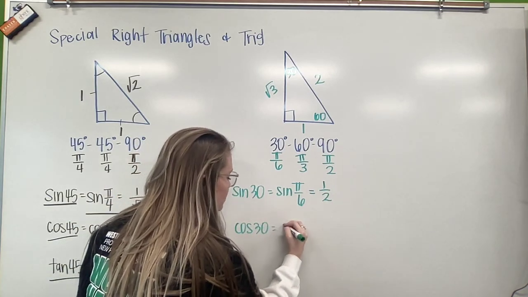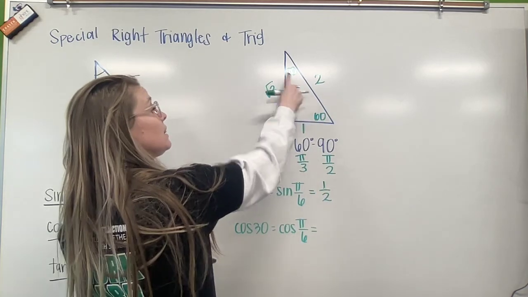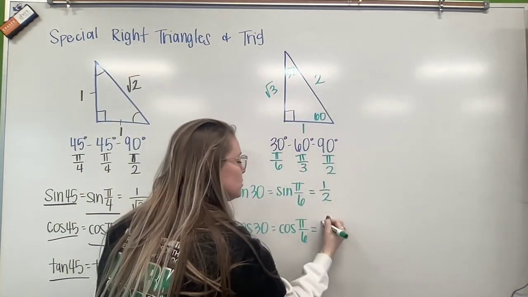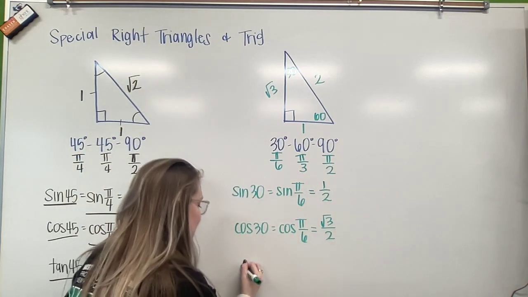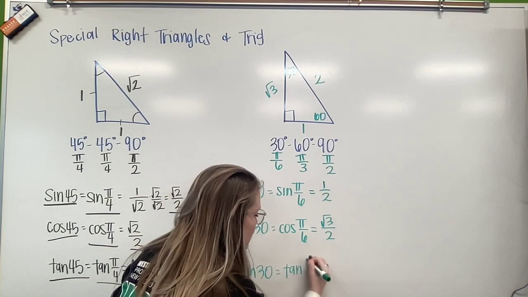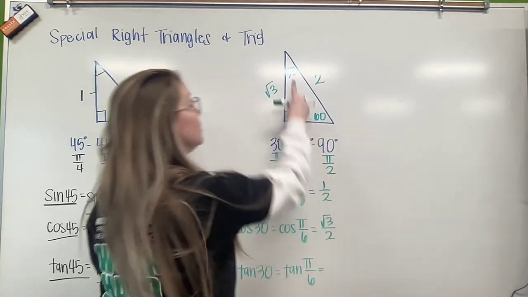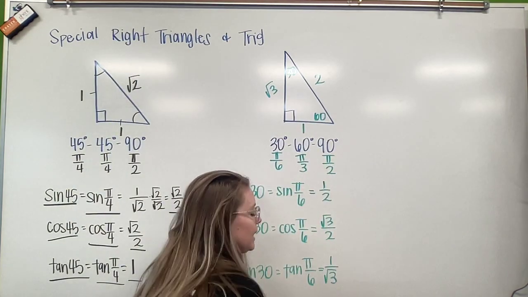Cosine of 30, which is equal to the cosine of pi over 6, that's adjacent over hypotenuse, so that's root 3 over 2. And the tangent of 30, which is equal to the tangent of pi over 6. That's opposite over adjacent, so that's 1 over root 3.